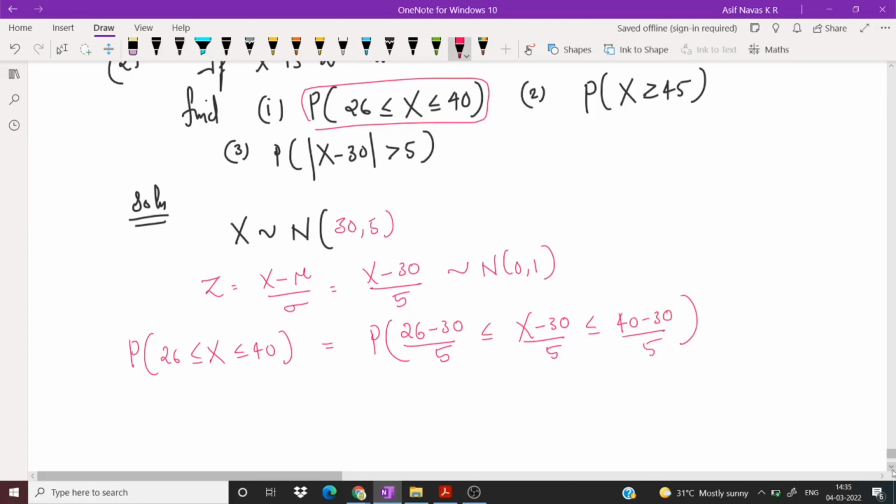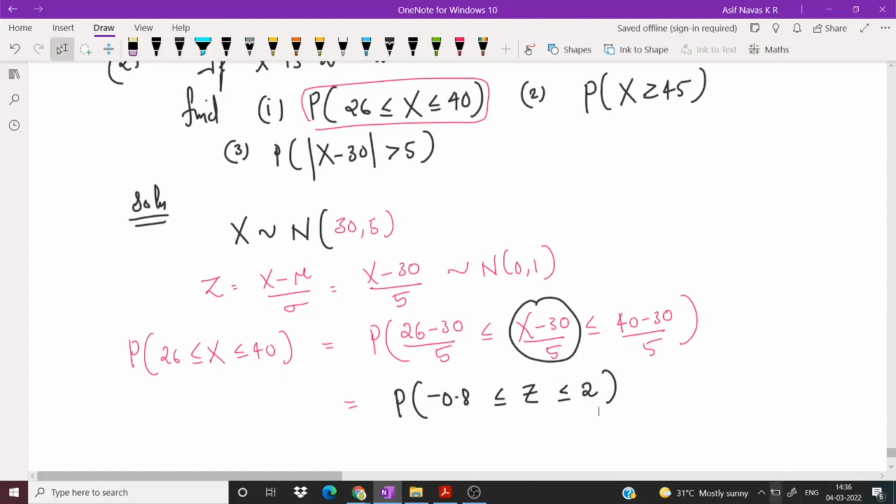This is equal to the probability of minus 0.8 less than or equal to z less than or equal to 2, since 40 minus 30 divided by 5 is 2.